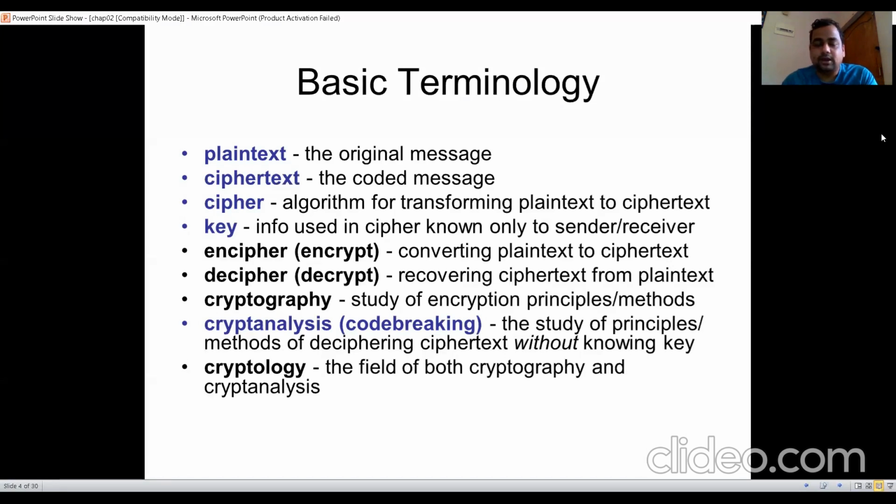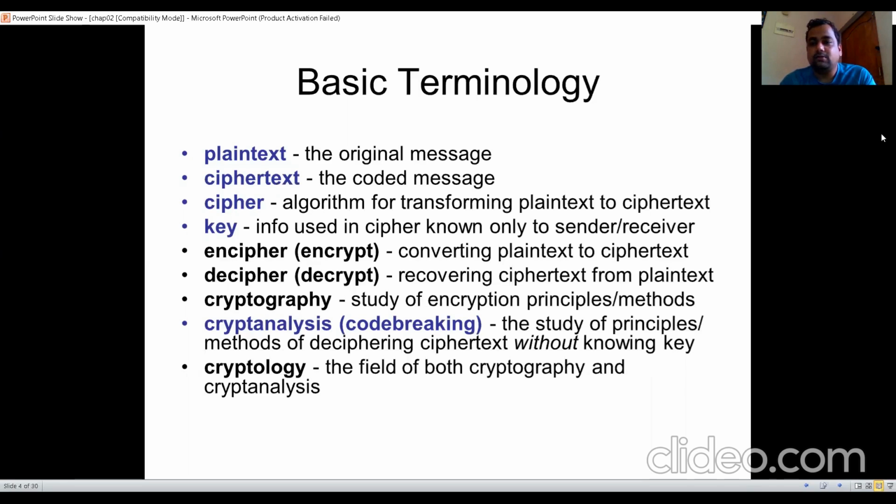Cryptanalysis is code breaking. That is, without knowing the key, you find out the plain text. Cryptanalysis is the principle by which we decrypt the ciphertext into its corresponding plain text without knowledge of the key.